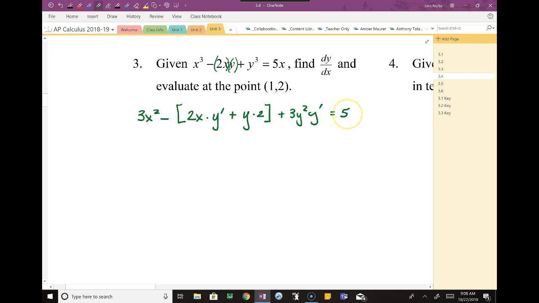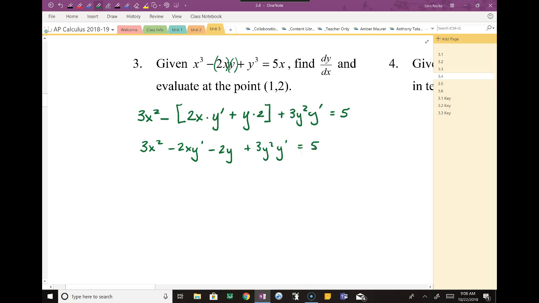Good. Okay, so now my goal is to isolate my y prime. And do you see how I have 2 terms with y prime? So I need to get both those on the same side, everything else to the other side. I'm going to start by just distributing that negative through first. And then we'll do that second. So it'll be minus 2y plus 3y squared y prime equals 5.